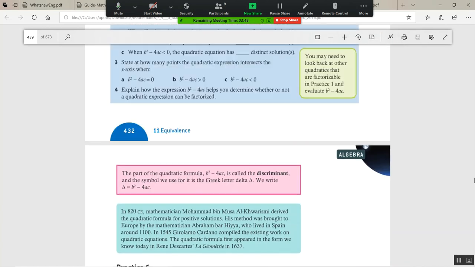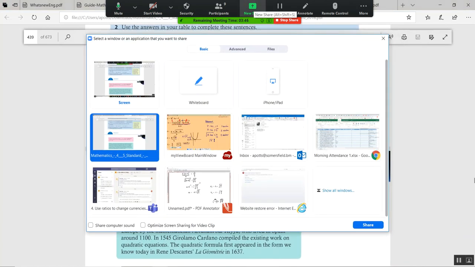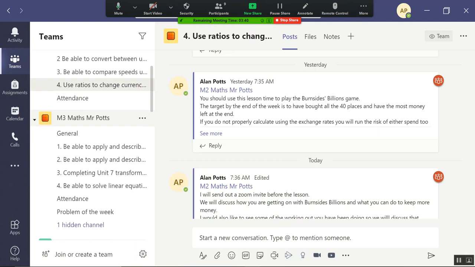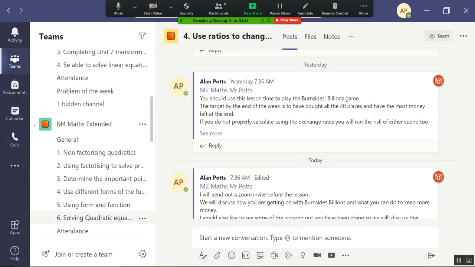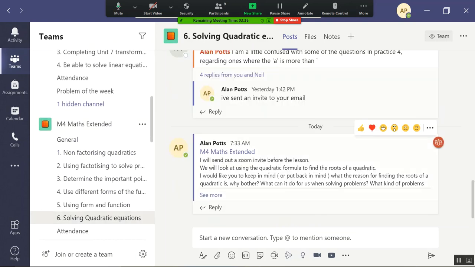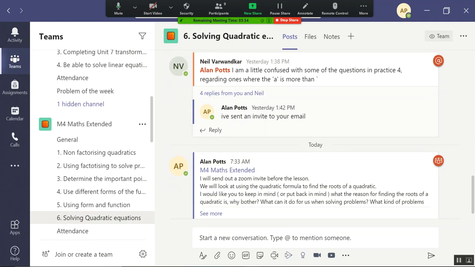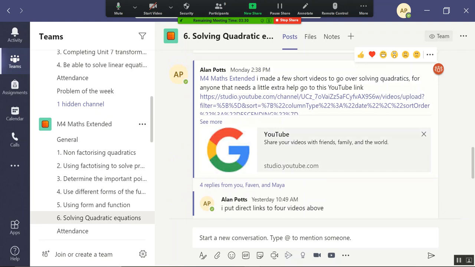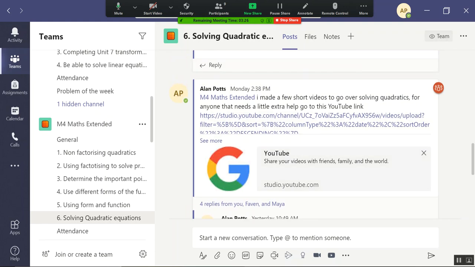All right. Now, in terms of the Teams thing that I gave to you, let me just show you. Solving quadratic form. Here's the Teams. That's where I put your message. You can see that, yeah? So I gave this link, which you're saying doesn't work for you. Fine. It does for me, but maybe that's my computer setup.